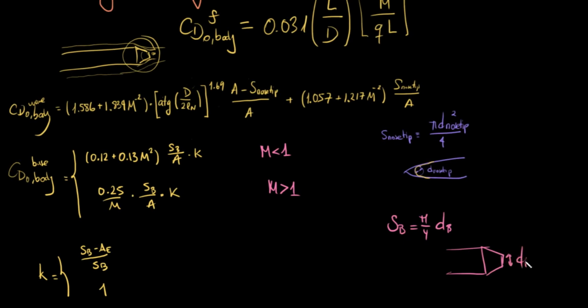I think we may have talked about dB in stability, but we discarded it as the normal force on boat tails is low. So what is K? Well, K is just a constant, and it is piecewise defined as well.